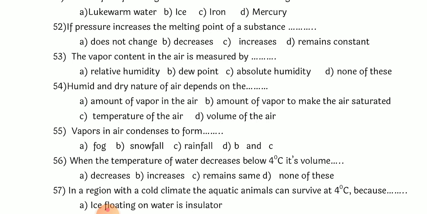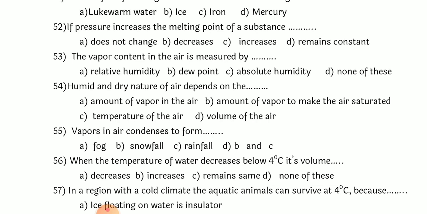Once again you confirm this, because the amount of vapor in the air also depends upon the temperature of the air, okay. Here you have to choose only one option. If all of the above had been given, then you would have to choose that. So humid and dry nature depends upon the temperature of the air.